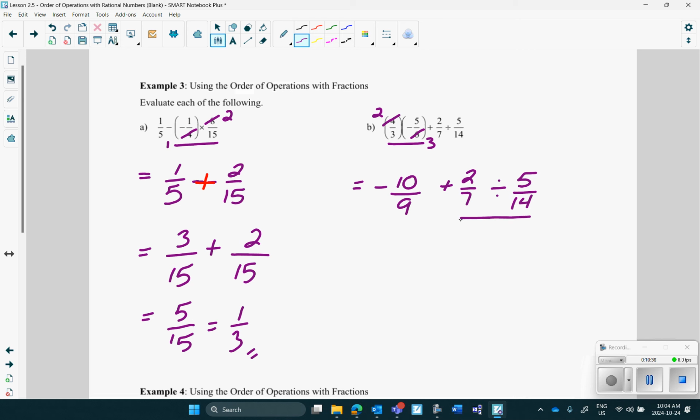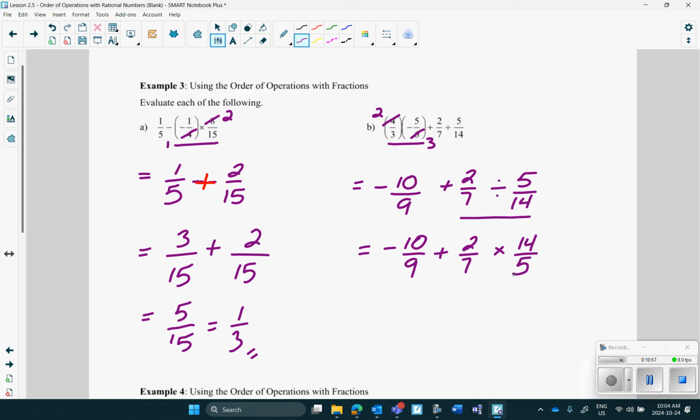Next is this. So I'm not touching the -10 over 9 yet, but I'm going to add 2 over 7 times 14 fifths.